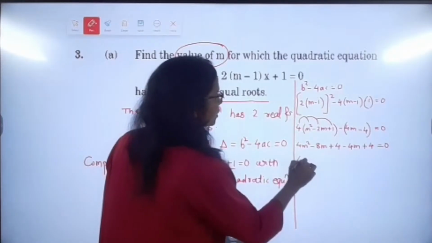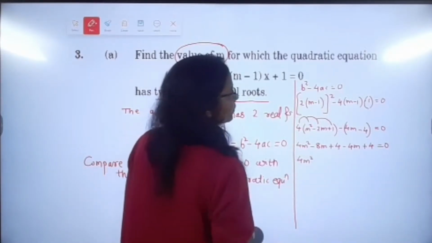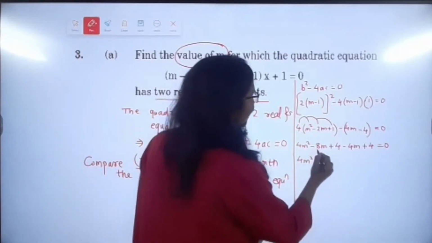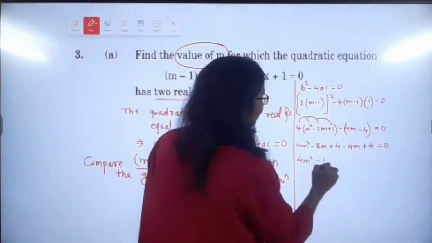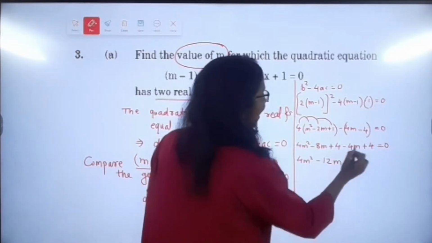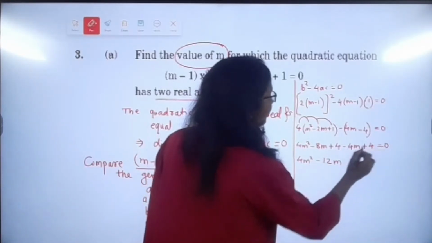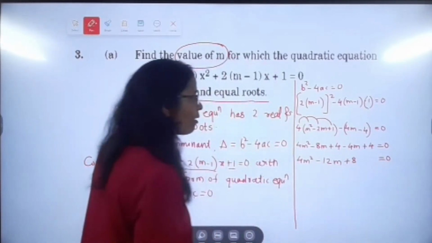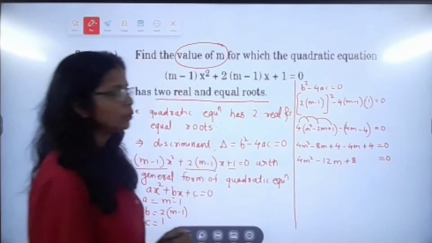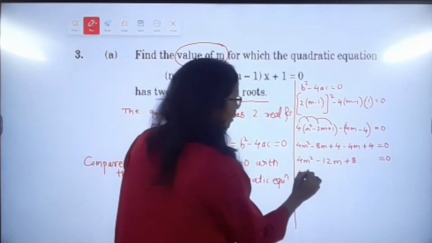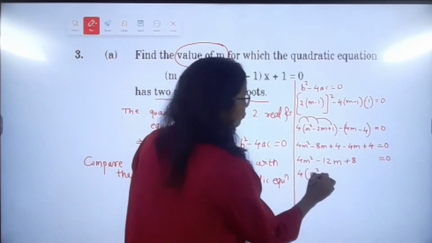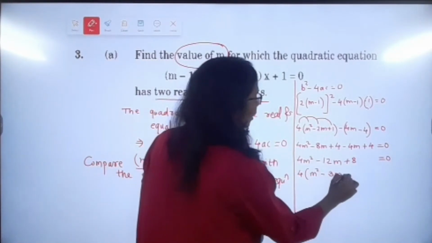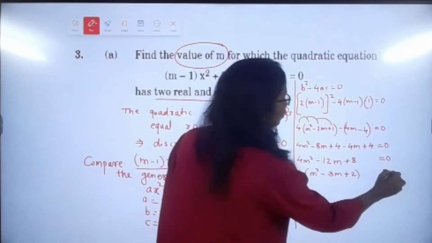So here students, 4m square, and then minus 8 minus 4, that means minus 12m, and plus 4 plus 4, that means plus 8, is equal to 0. Now we can common out the 4. So 4 in the bracket m square minus 3m plus 2 is equal to 0.